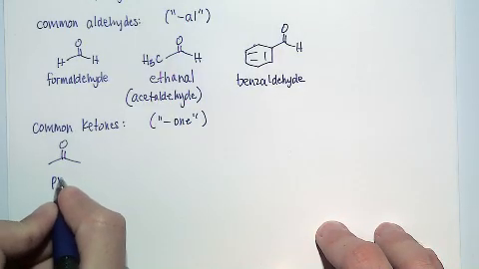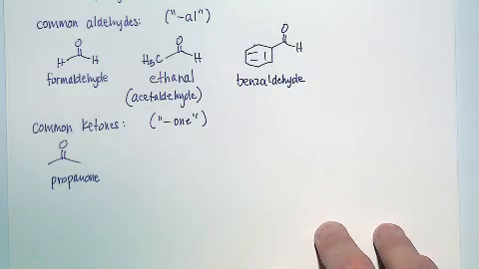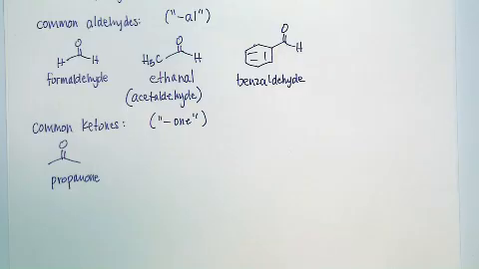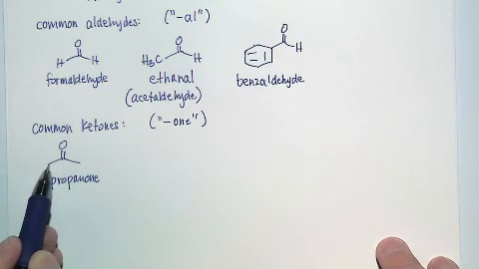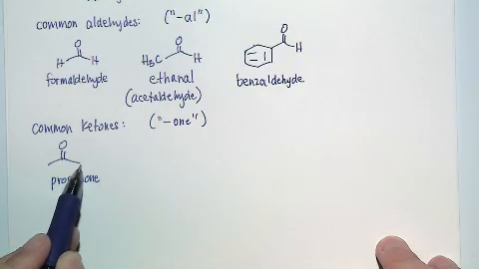So it's propanone. Now, that carbon in the middle is the only carbon that the ketone can be on. Because if the carbonyl group was on this carbon, it's on the end of the molecule, so it's an aldehyde. Same for that case.